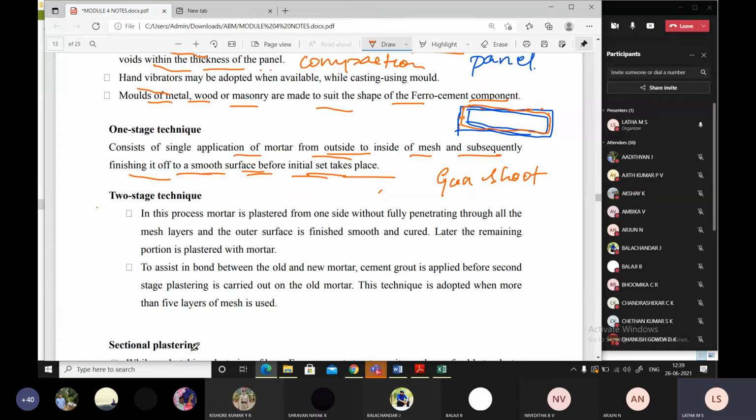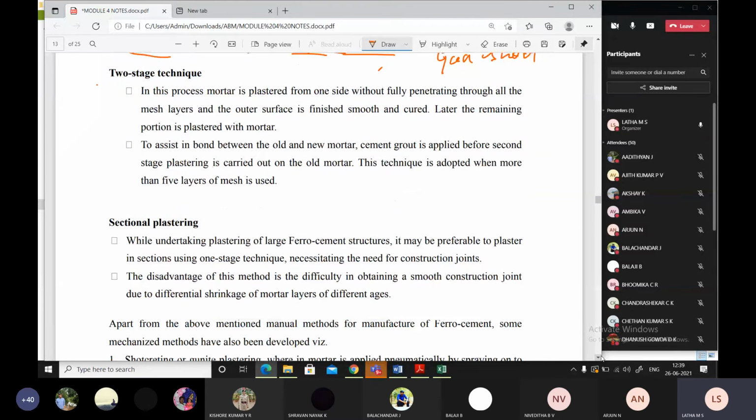In the second stage, what happens? In this process, mortar is placed from one side without fully penetrating through all the mesh layers, and the outer surface is finished smooth and cured. Later, the remaining portion is plastered with the mortar. So there are different techniques.